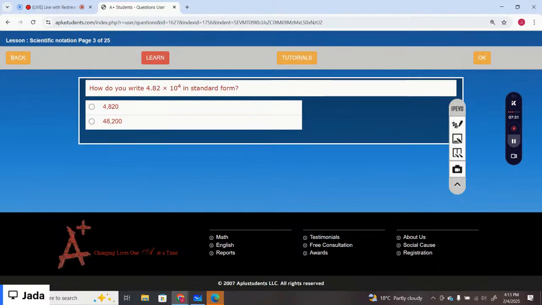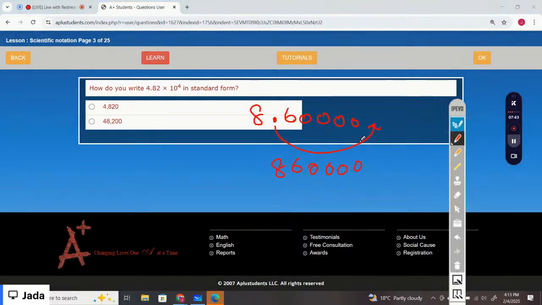How do you write 4.82 times 10 exponent 4 in standard form? The exponent of 10 is 4. You need to move 4 places right: 4.8200.